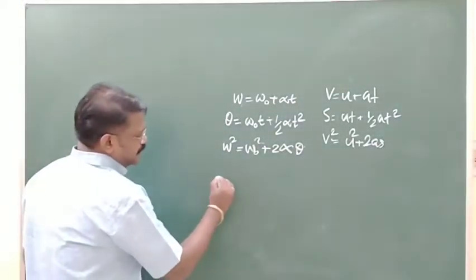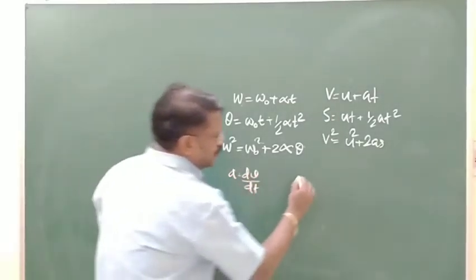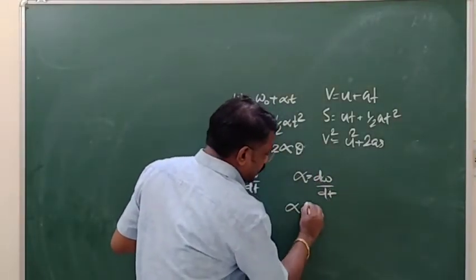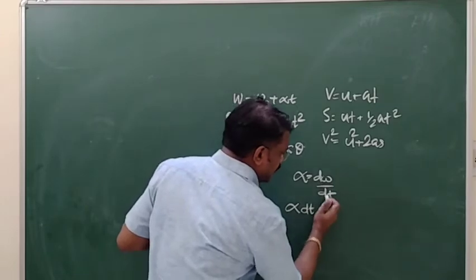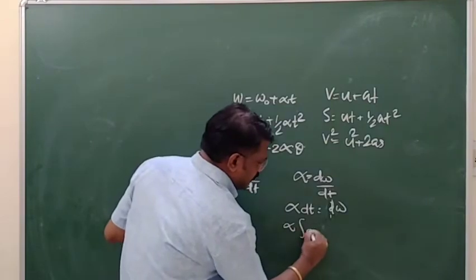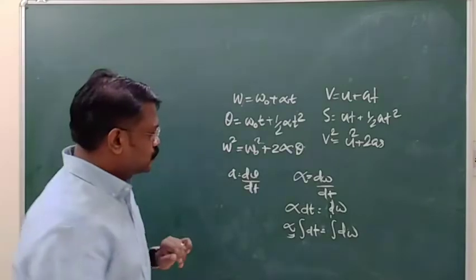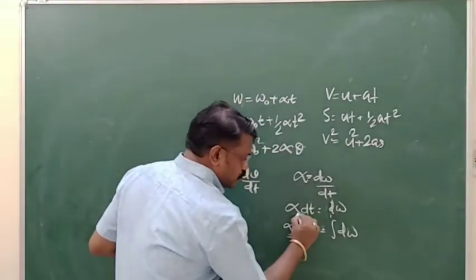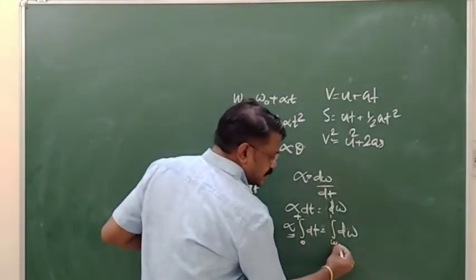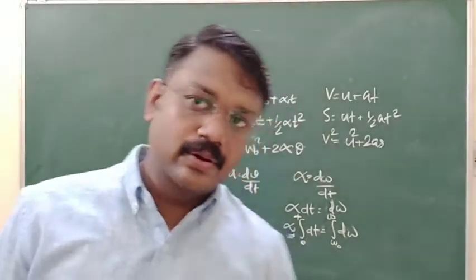We have taken the equation a is equal to dv by dt. Here you have to take alpha is equal to d omega by dt. Then alpha dt is equal to d omega. Then integrate alpha into integral dt is equal to integral d omega because alpha is constant. So the integral limit is 0 to t. Integral 0 to t means d omega is moving from omega 0 to omega, where omega 0 is the initial angular velocity and omega is the final angular velocity.